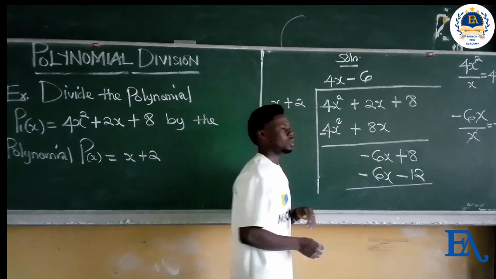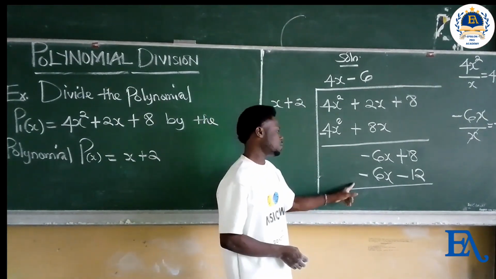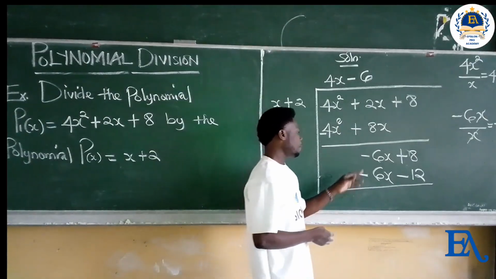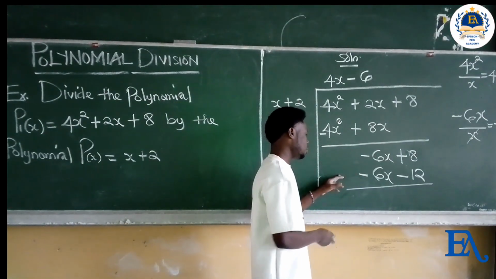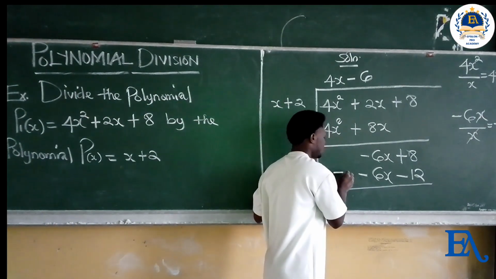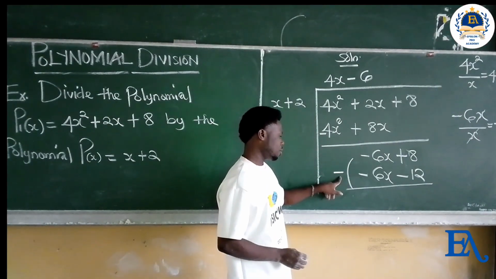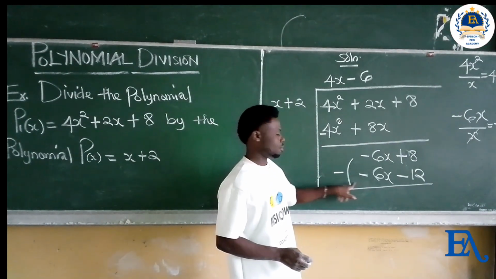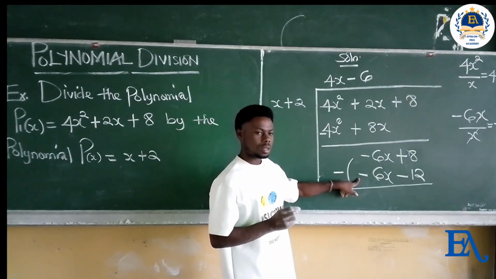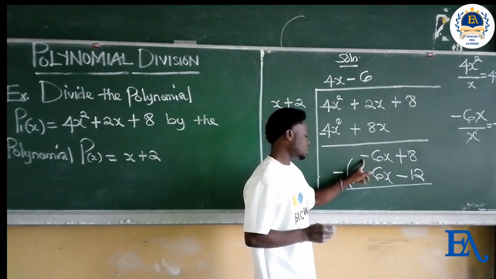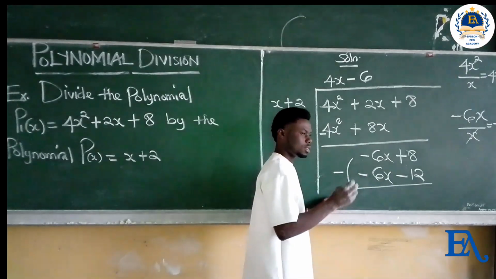Step number 3 is to subtract this from this. That becomes minus 6x minus minus 6x. Minus times minus is plus. So everything in this line is positive at this point. Minus 6 plus 6 is 0.